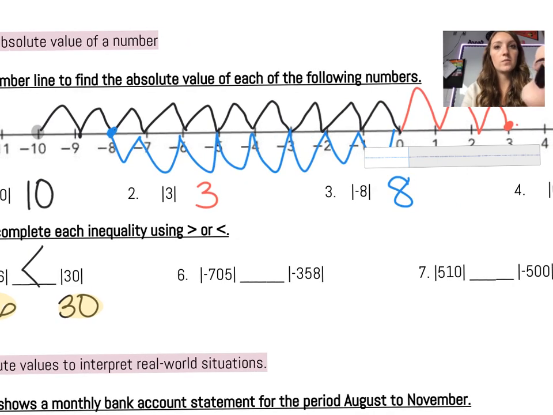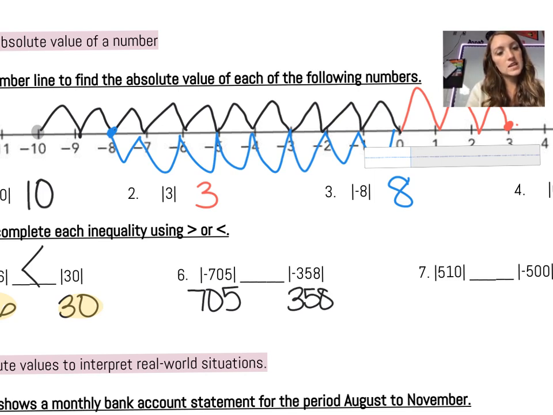Let's look at the next one. So, negative 705, finding the absolute value of that, its distance from 0 is positive 705 units. For negative 358 would be positive 358. I can see that 705 is greater than 358.